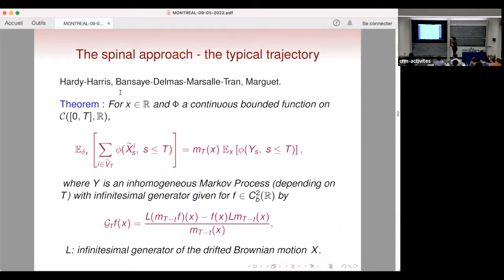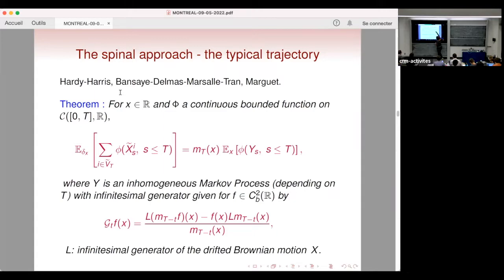I think I gave some references, perhaps other ones, but it seems that it has been developed by Hardy and Harris, and also by Bansaye, Delmas, Marsalle and Tran, and more recently in the PhD thesis of Aline Marguet, which takes a more general point of view.